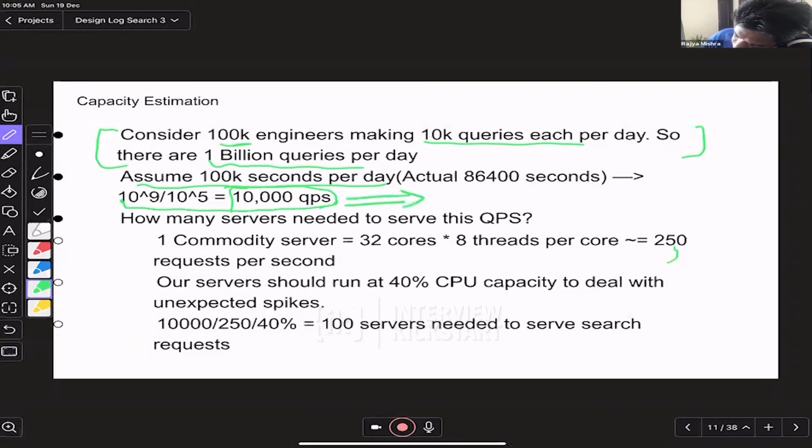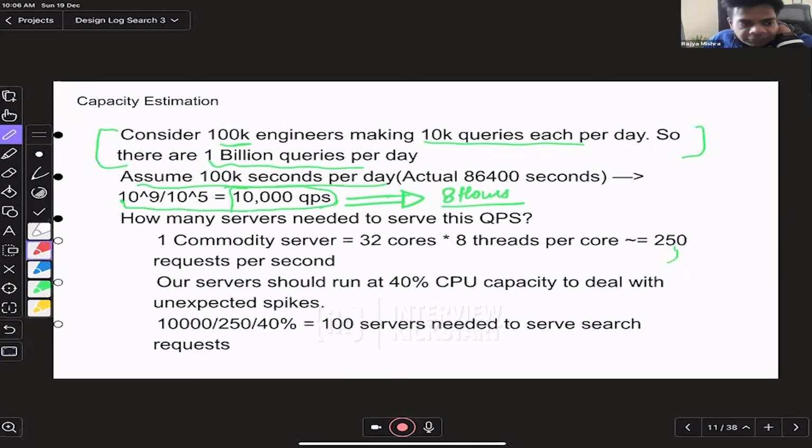It just crossed my mind, you can look at this 10,000 queries per second from another dimension also. Because what we are doing is dividing it uniformly throughout the day, just dividing it by 24 hours. Let's say our company's office is only in USA. So everyone is working mostly through an 8 hour window.